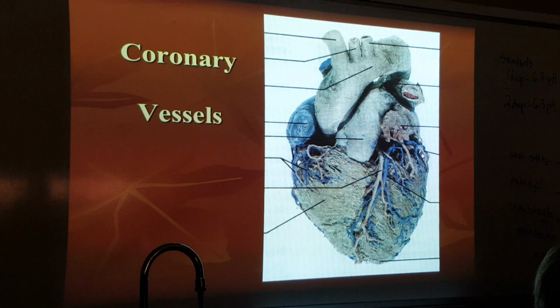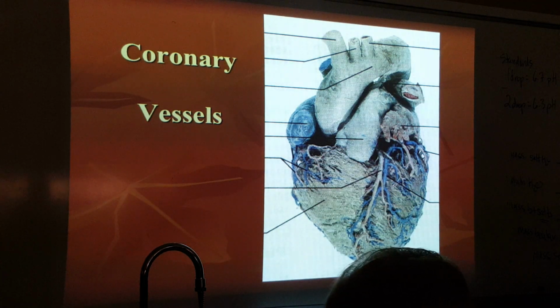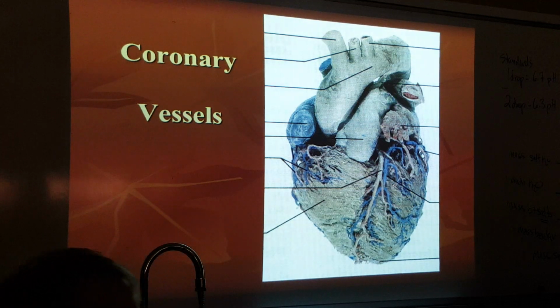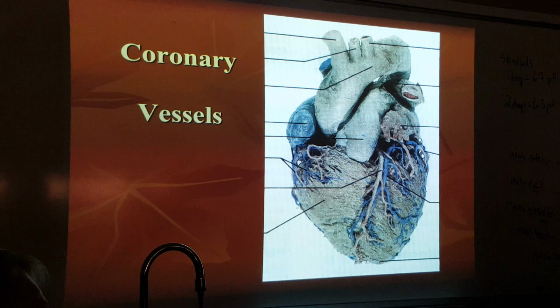Okay. Let's talk now about the coronary vessels, which are so important because of the pathology that is involved with them. If there's any pathology of the occlusive type that tends to plug up coronary arteries, it has profound effects on heart tissue, which has about the highest oxygen demand of any tissue in the body.